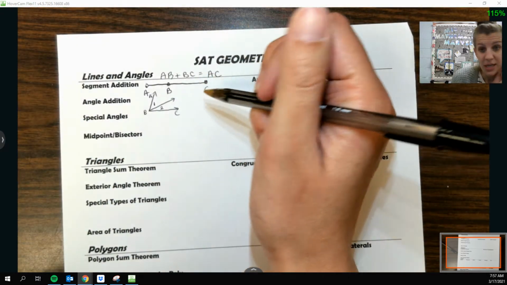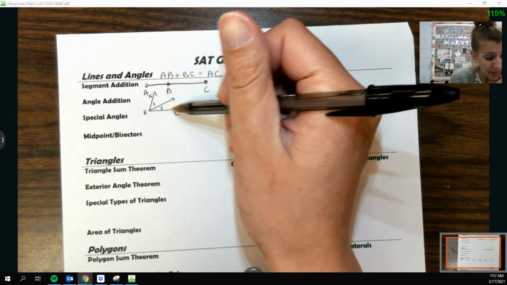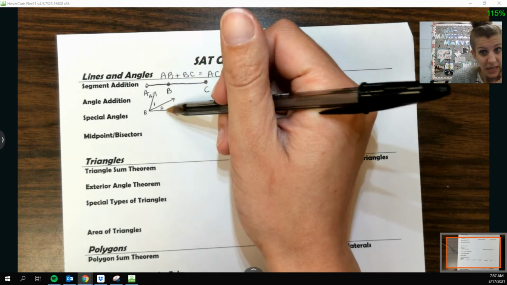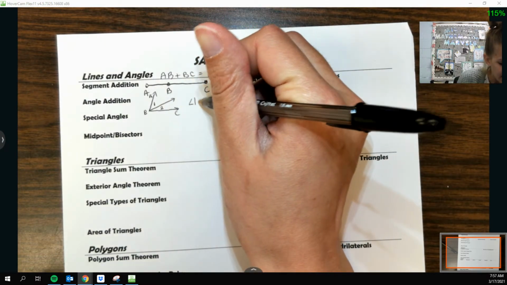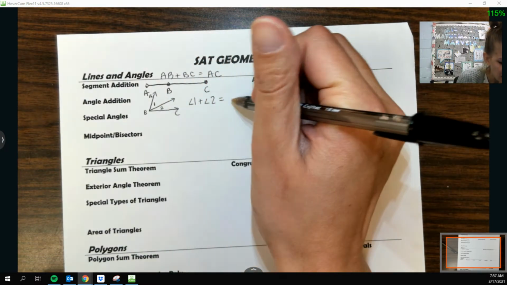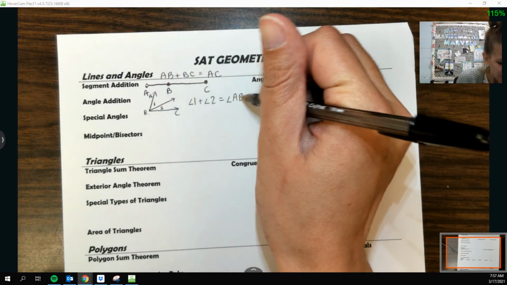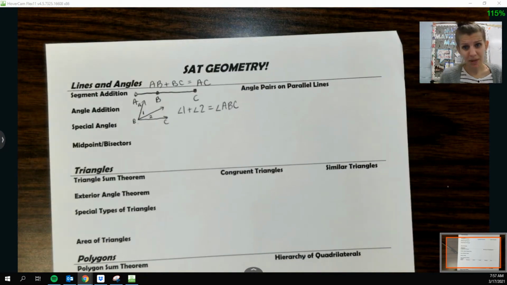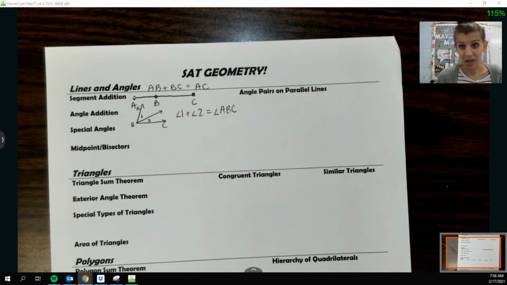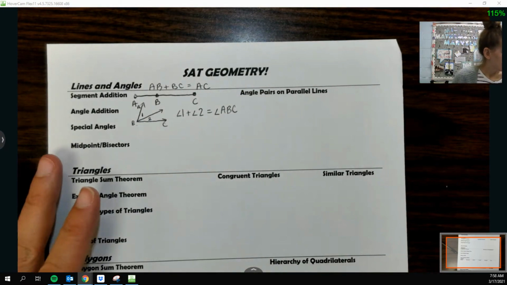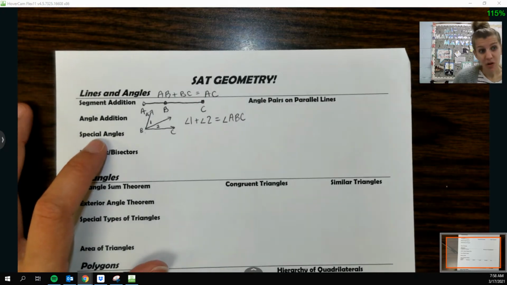So angle addition does a similar thing. If I have a big angle and it's broken up into pieces, I can add up the pieces, so angle 1 and angle 2, and it will equal the entire angle, so angle ABC. Again, probably by now some of you are like, why did I ever think that this was tricky? And then we have some special angle pairs.